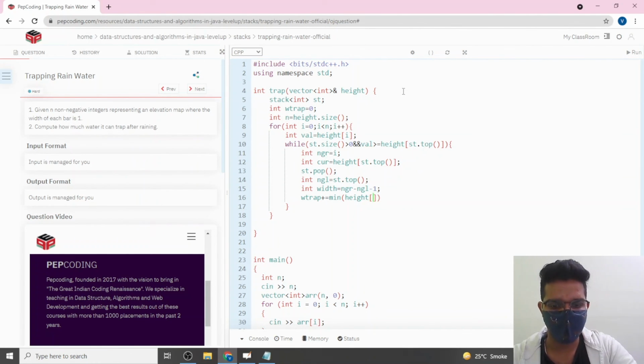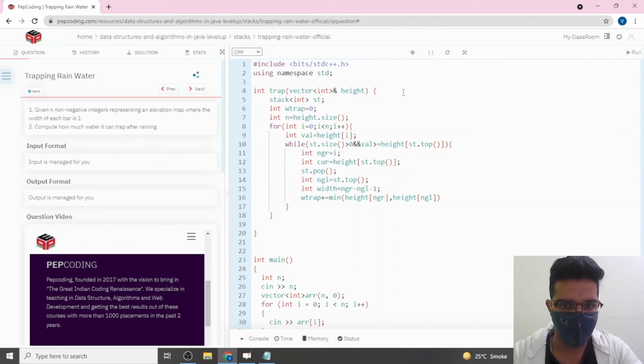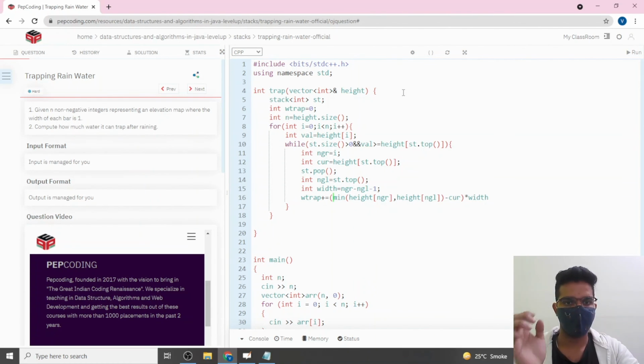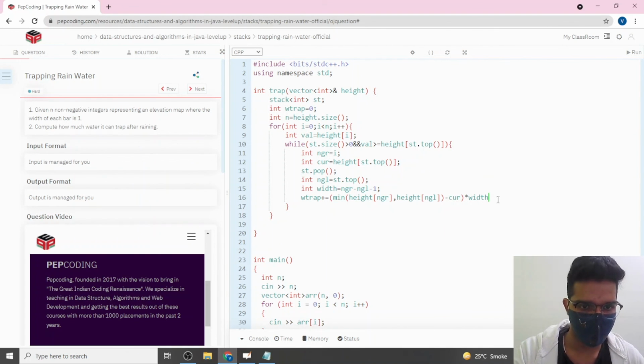We need value, right? Next greater right value, next greater left value, minimum of next minus current, right? Minus my current height into width. So into width. Let me add a bracket here. Yeah, into width and a semicolon.